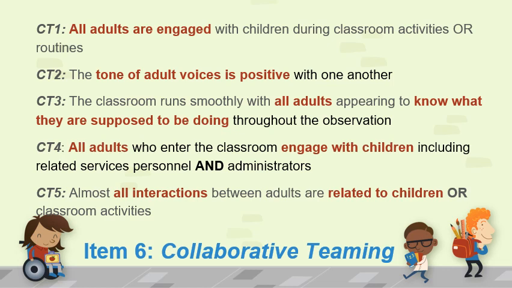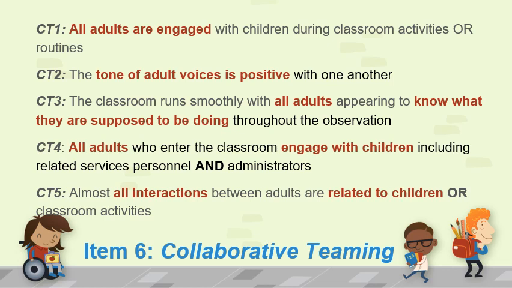Engagement can be preparing for activities, talking with parents, observing, taking anecdotes, collecting data or assessment information. So both the teacher and the teacher aide or teacher assistant should be engaged in these activities.